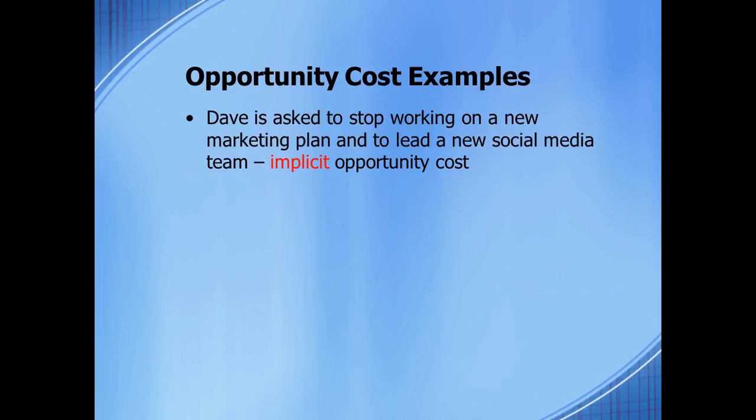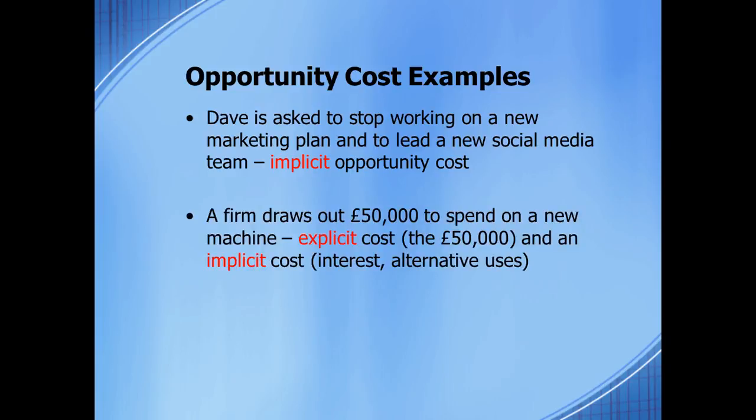So the opportunity cost is the new marketing plan he won't be able to do as he's leaving for the new social media team. Another example. A firm draws out £50,000 to spend on a new machine. It's an explicit cost, it's real £50,000, and an implicit cost because of things like the interest or the alternative uses. So we really need to be clear on our terminology.